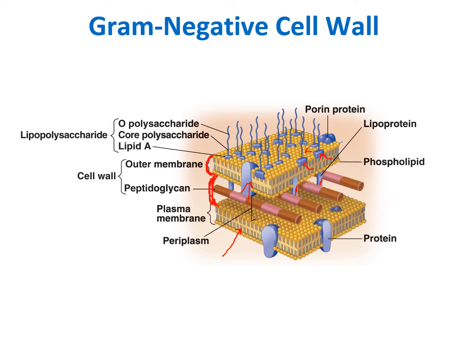So this repulsion allows bacteria to survive in places that would ordinarily be inhospitable to bacteria. When lipopolysaccharide, these purple molecules, are released from bacterial cells, they're actually toxic to mammals. So let's talk about that.